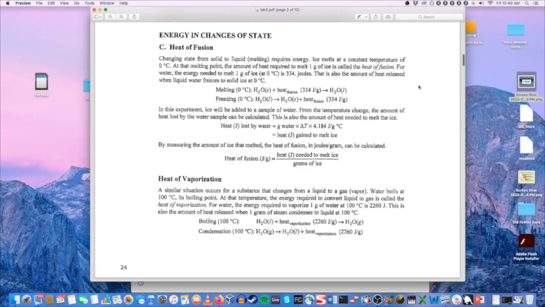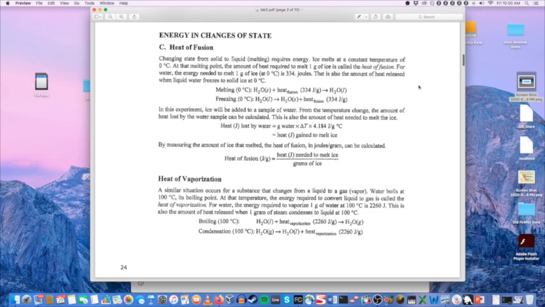So what we are going to do is measure the heat required to melt ice by measuring how much that process decreases the temperature of liquid water. And we're going to do that by having liquid water at a known temperature and ice, which is at 0 degrees, and we're going to put the ice in the water.